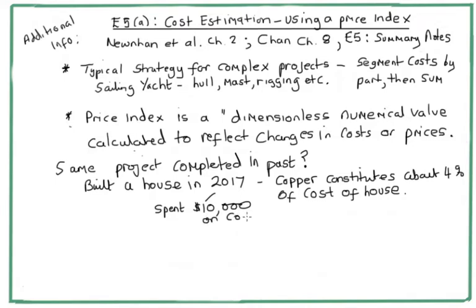We can use this information to either scale up or scale down that component of the cost of building a house, depending on what's happened to the copper price in the intervening year. So we need a price index. A price index is calculated this way: the value of a price index in a particular year is the current year price of whatever you're interested in, in this case copper, divided by the base year price.